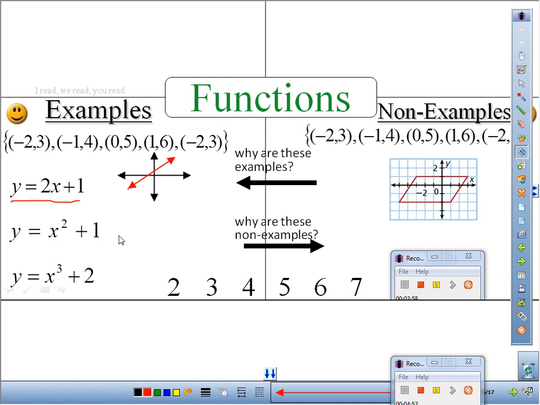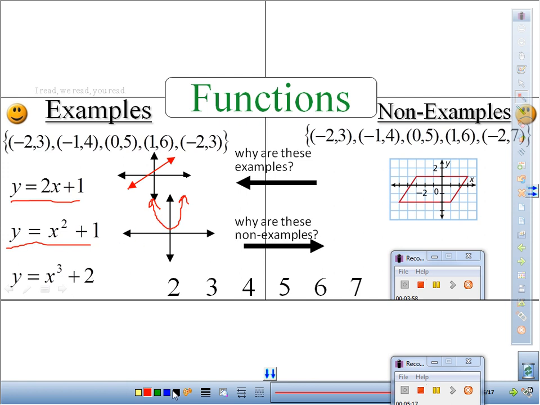Now let me show you the graph for this one. Let me get my coordinate plane. There it is. And let me show you what this function looks like. This is this.